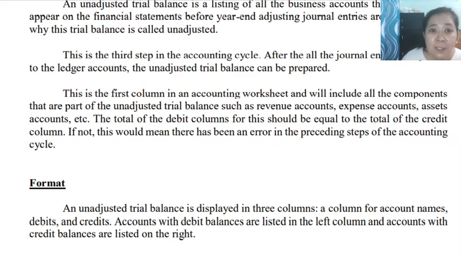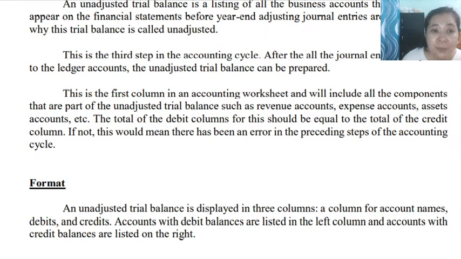This is the first column in our accounting worksheet, and this will include all the components that are part of the unadjusted trial balance, such as our revenue, expense, asset, liabilities, all the accounts that the entity uses to record their business transactions. Please take note, the total of the debit columns should also be equal to the total of our credit column.